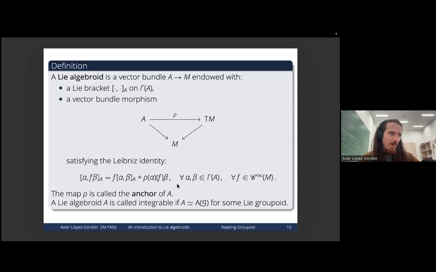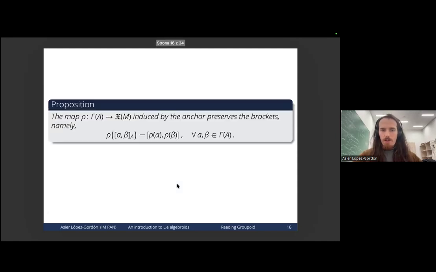Well, this was an open problem for decades, which was finally answered by Rui Loja Fernandes and Marius Crainic in a very long paper in the Annals of Mathematics. That I'm of course not going to cover today. And the answer is essentially sometimes. Not all Lie algebroids are integrable, and there are certain topological obstructions for the integrability.